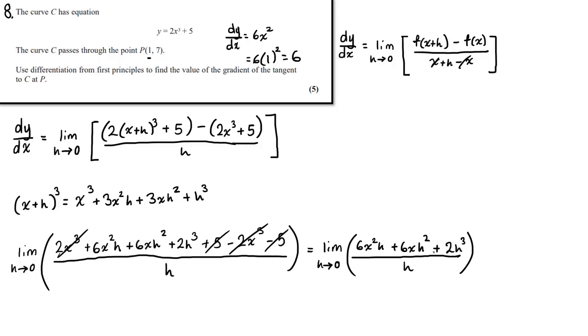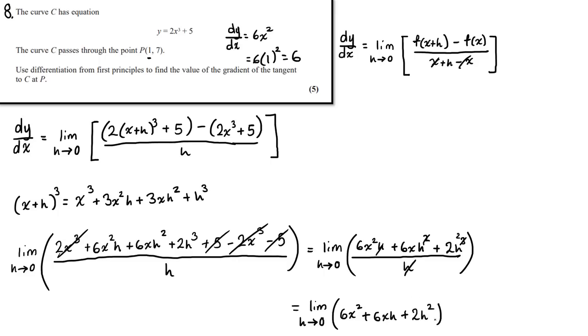So what that would look like then is the limit as h tends to 0 of 6x squared, that h would cancel there. This h squared would just become h, so we get plus 6xh. And finally, this 2h cubed would become 2h squared.